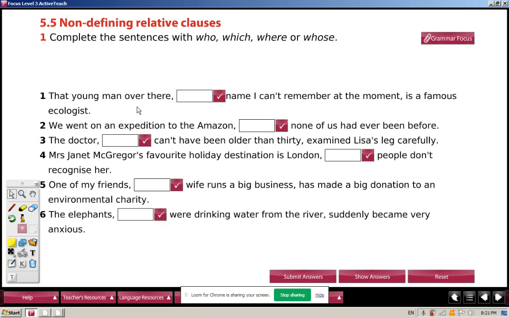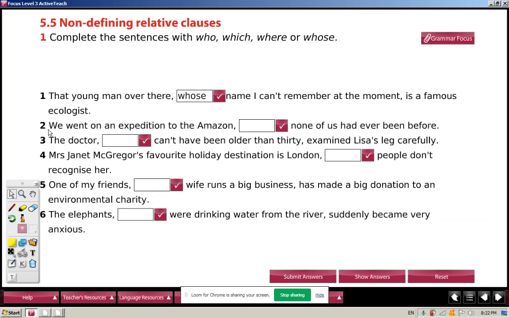That young man over there, name I can't remember at the moment, is a famous ecologist. So, what do you think? Which word do we have to use here? Yes, that's right. Whose is the correct answer.